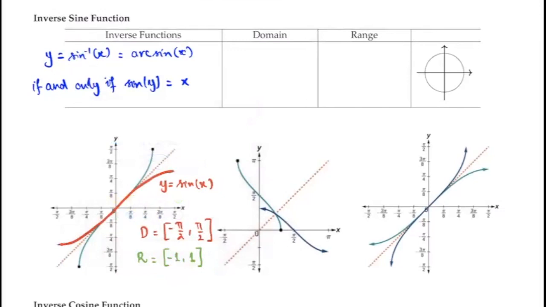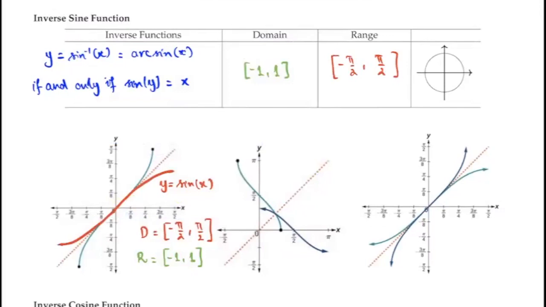So the domain of the inverse of sine is going to be negative 1 to 1. Now let me change the color here. And the range is from negative pi over 2 to pi over 2. Okay, so I hope that makes sense. I hope you know at this point where the domain is coming from, where the range is coming from, and why the range is between negative pi over 2 and pi over 2.